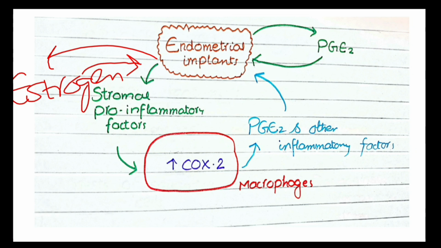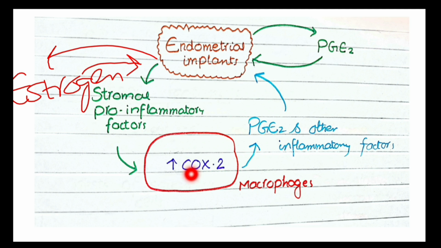But another part of pathogenesis is how, once endometriosis develops, this endometrial tissue keeps itself sustained in the environment outside the uterus. Endometrial implants are composed of endometrial glands and endometrial stroma as well. This stroma is functioning, and it releases pro-inflammatory factors that cause activation of macrophages in the vicinity of these implants.